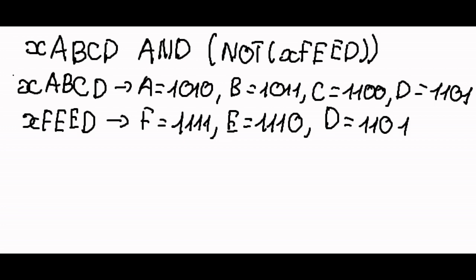And so using our binary conversion table, we know that A is equal to 1010, B is equal to 1011, C is equal to 1100, and D is equal to 1101. And for FEED, we know that F is equal to 1111, E is equal to 1110, D is equal to 1101.